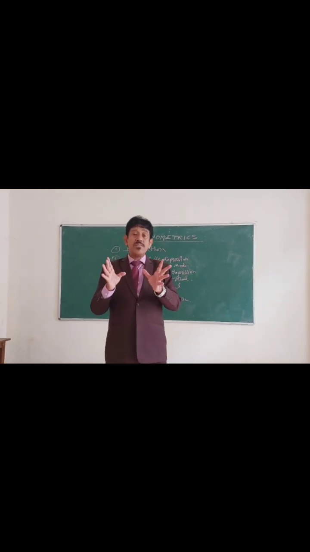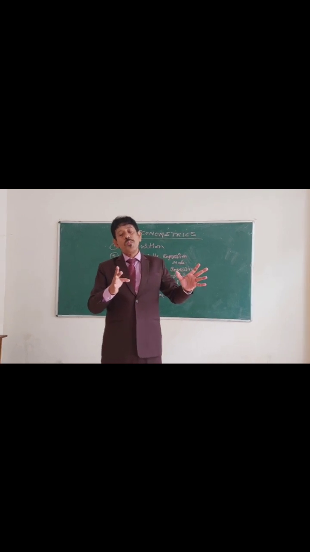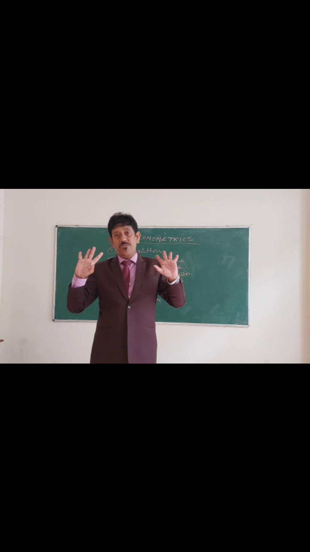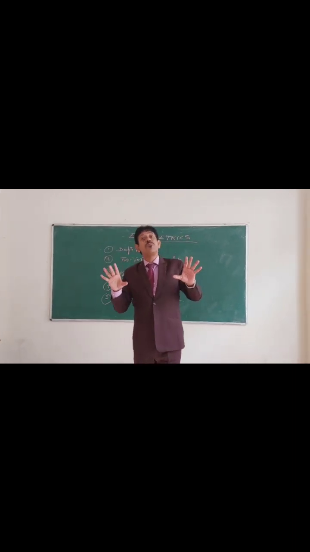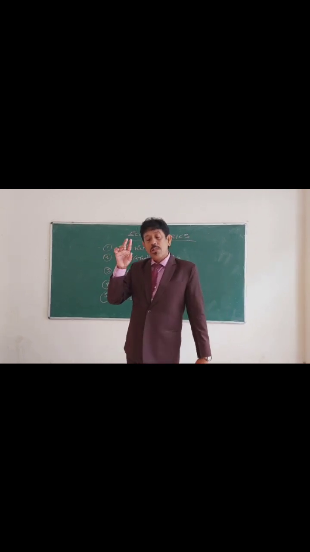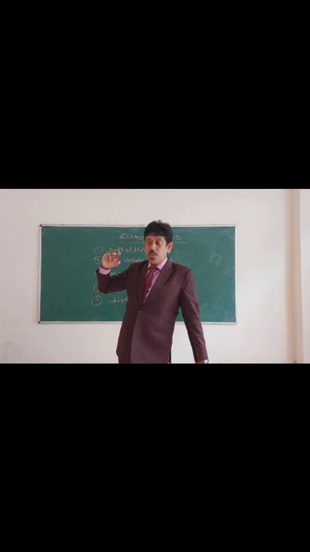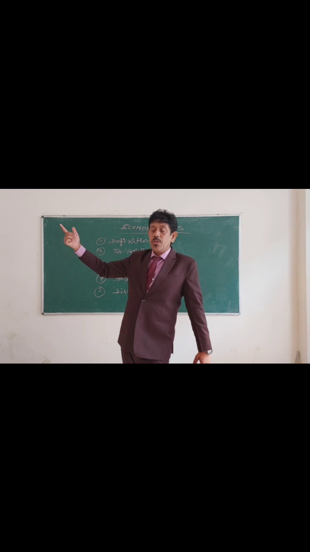In regression, what we do is we want to derive the exact form of relationship between two variables. Remember this. Let us suppose the concerned variables are income and consumption. We know that income influences consumption.